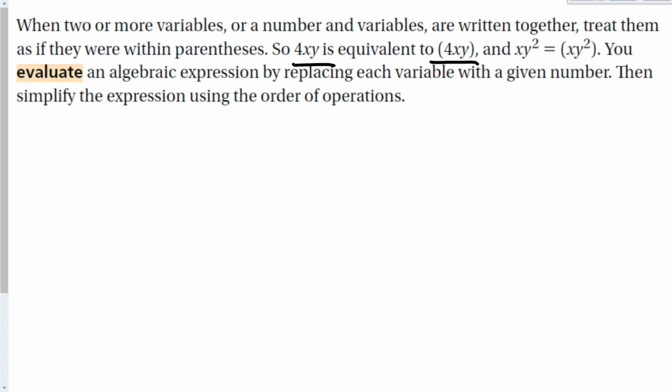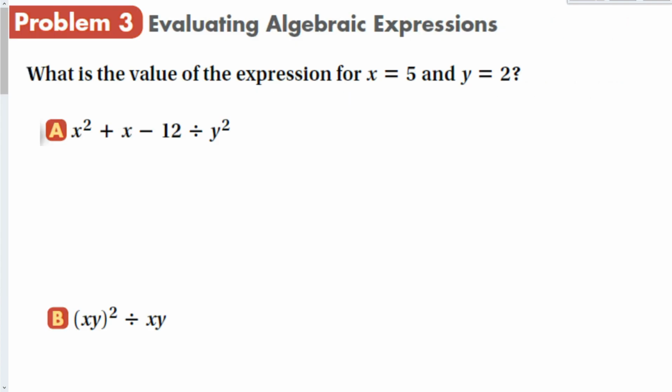So we evaluate an algebraic expression by replacing each variable with a given number and then simplify the expression using, of course, order of operations. So while these expressions in A and B look a little complicated, they're not, because we know what x is equal to and we know what y is equal to.